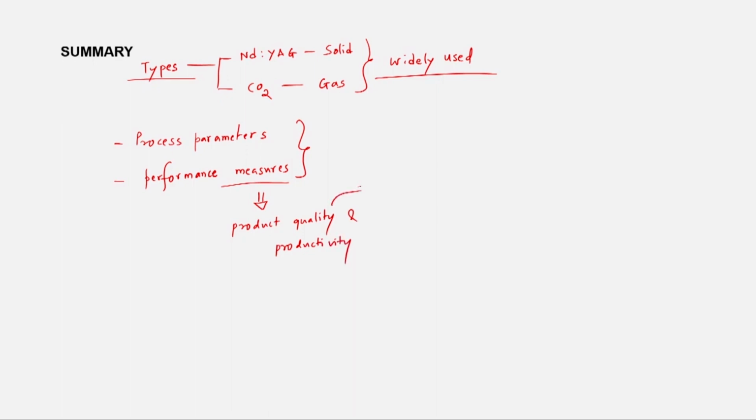Product quality can be sensed or measured by using geometrical accuracy, heat affected zone, recast layer, and the productivity is the cutting rate. So, we have seen the effect of some of the important process parameters on these performance measures.